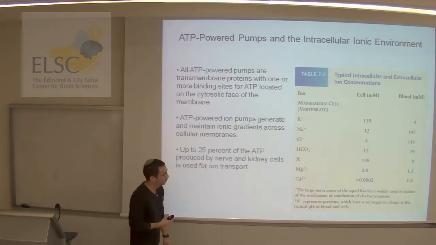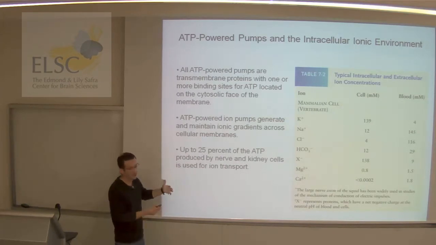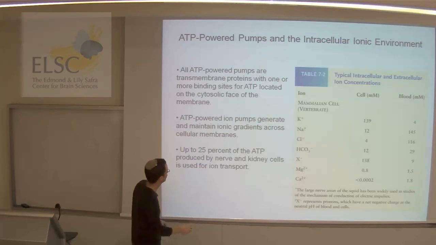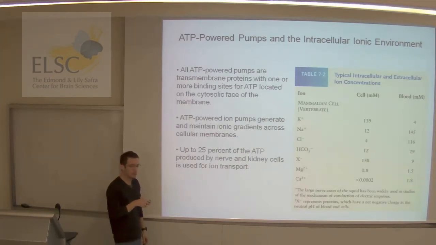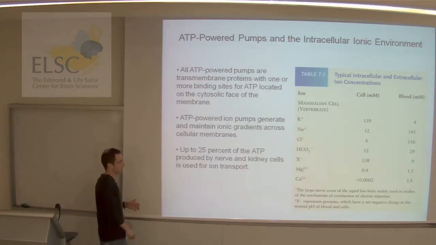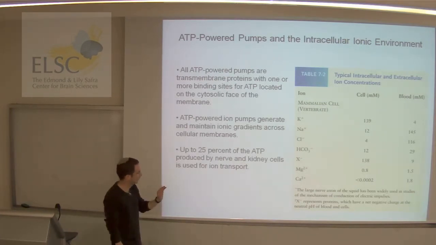And a way to appreciate how important this phenomenon of ionic gradients is, is by considering the following fact. Up to 25% of all ATP produced in neurons and also kidney cells is used for this. Kidney cells are not the major focus of this class, but they filter salts in the body using transport proteins on their membrane, so they have very similar features in this respect to neurons.